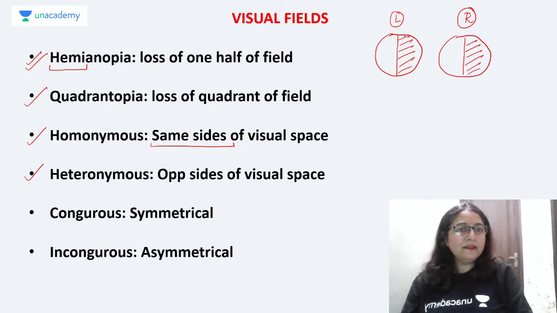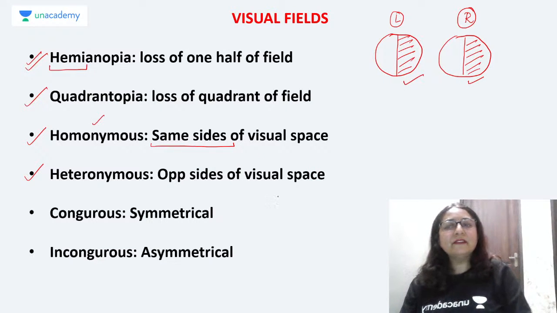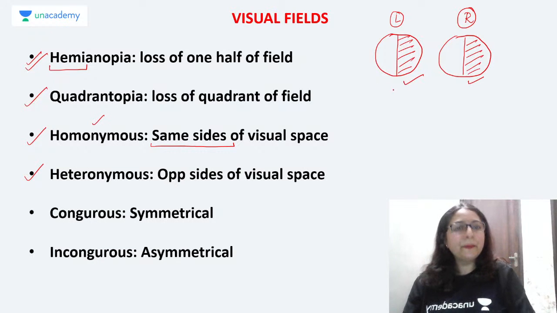As you can see, it is the nasal field of the left eye and the temporal field of the right eye, but it is on the same side of the visual space. Such a field defect is known as a homonymous field defect.